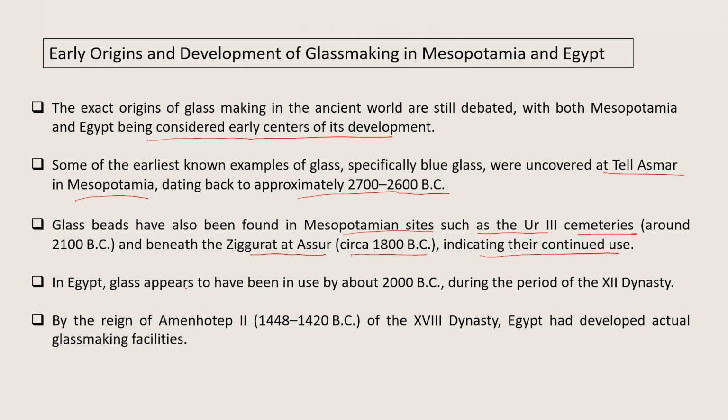In Egypt, glass appears to have been in use by about 2000 BC during the period of the 12th dynasty. By the reign of Amenhotep II, 1448 to 1420 BC of the 18th dynasty, Egypt had developed actual glass making facilities.